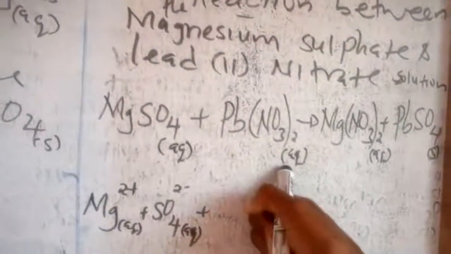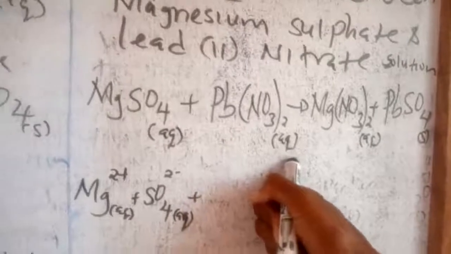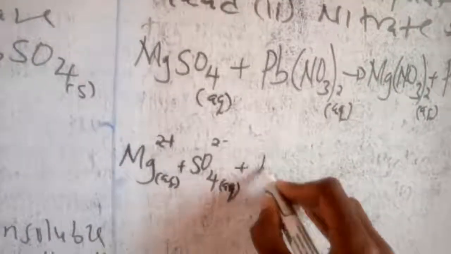In this particular question, you can see that magnesium sulfate is an aqueous solution. First of all, it is balanced, and therefore you write magnesium with a charge of 2 positive, aqueous. Then you add sulfate, that is a radical also, aqueous. Wherever you have aq, meaning aqueous solution, they will separate.